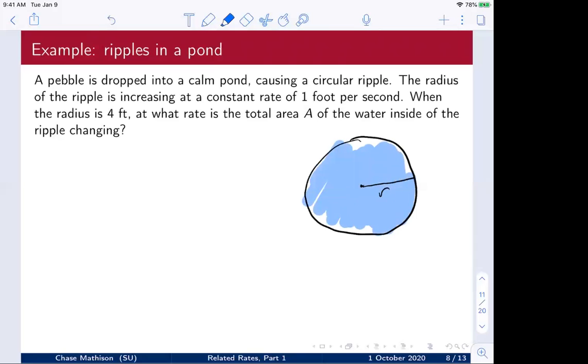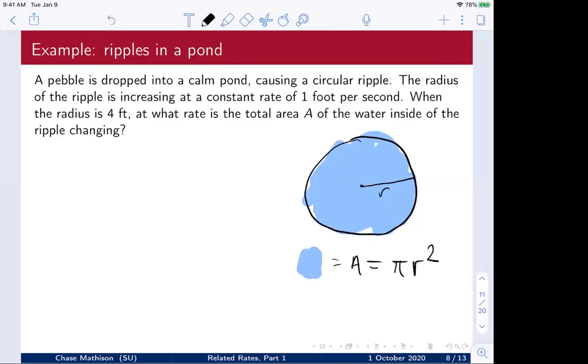And then the area of this circle is what? Who knows the area of a circle of radius R? Pi r squared. Perfect. A is pi times R squared. I know what you're going to ask me. Will I be given this formula on the exam?